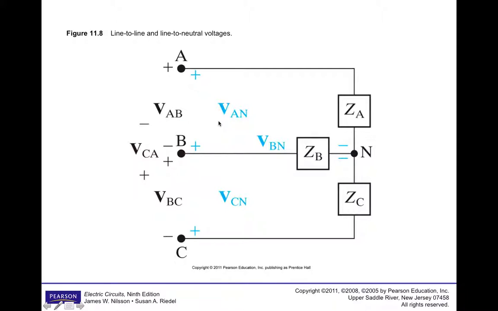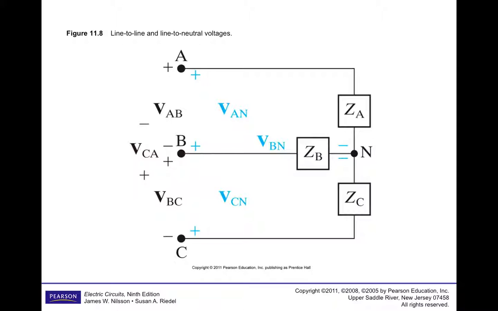So the phase voltages are the voltages shown here in blue. VAN is from the A wire to the neutral. VBN is from the B wire to the neutral. VCN is from the C wire to the neutral. So those are the line-to-neutral voltages, also referred to as the phase voltages.